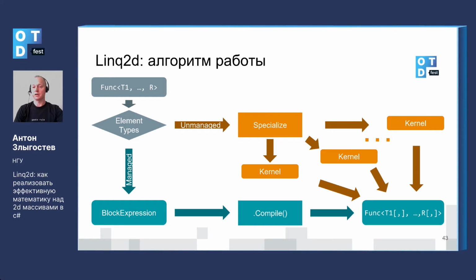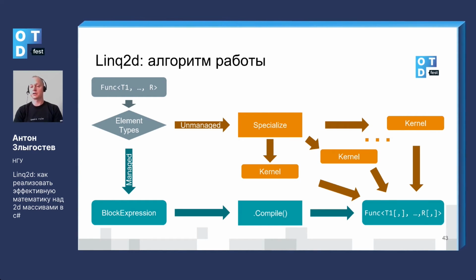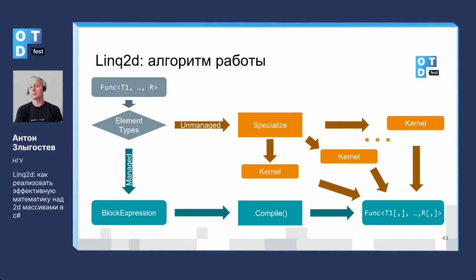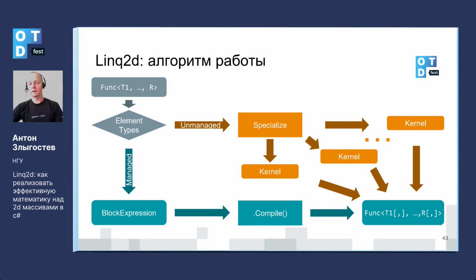So using the internal compile method, we get our candidates. But if we are lucky to have all the types in unmanaged types, the amount of unmanaged types is quite significant, then we specialize and break our cycle into the parts where we don't need to check the array borders, and we get the intermediate code for all the filters and build it up into a full method.